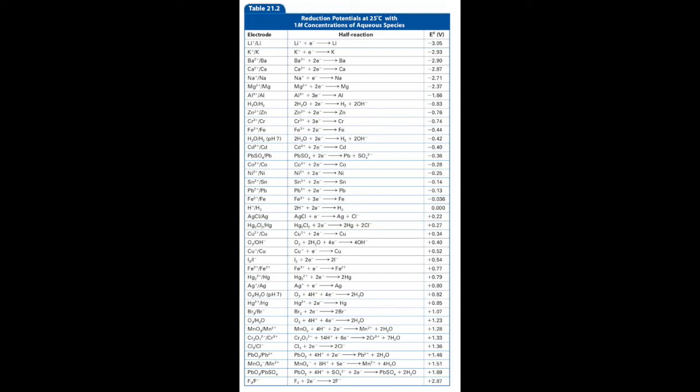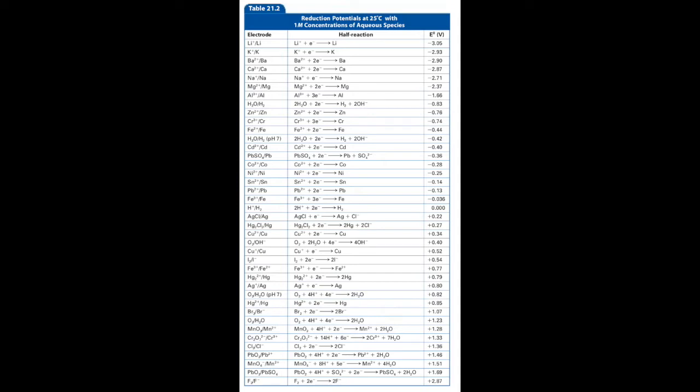Then you look up the reduction potential for the reduction reaction and for the oxidation reaction, but you wrote it as a reduction reaction. So you look up both reduction potentials. Clear?